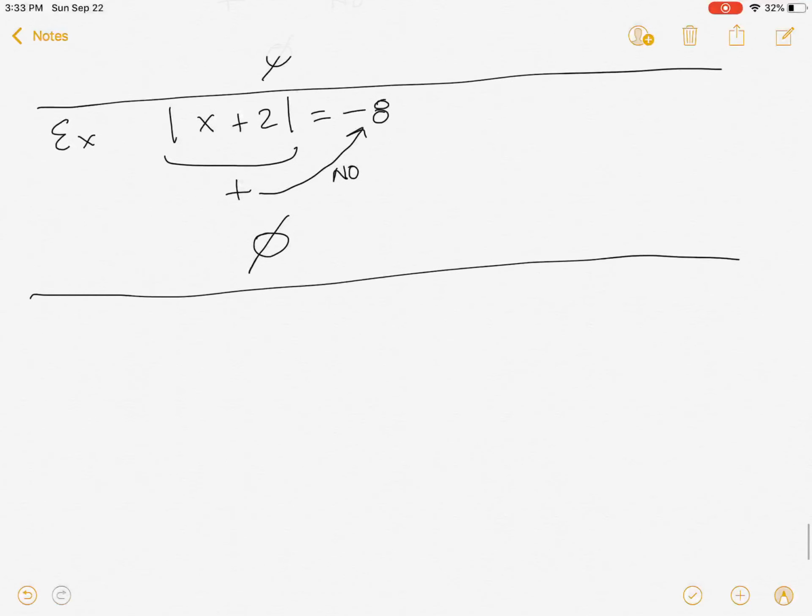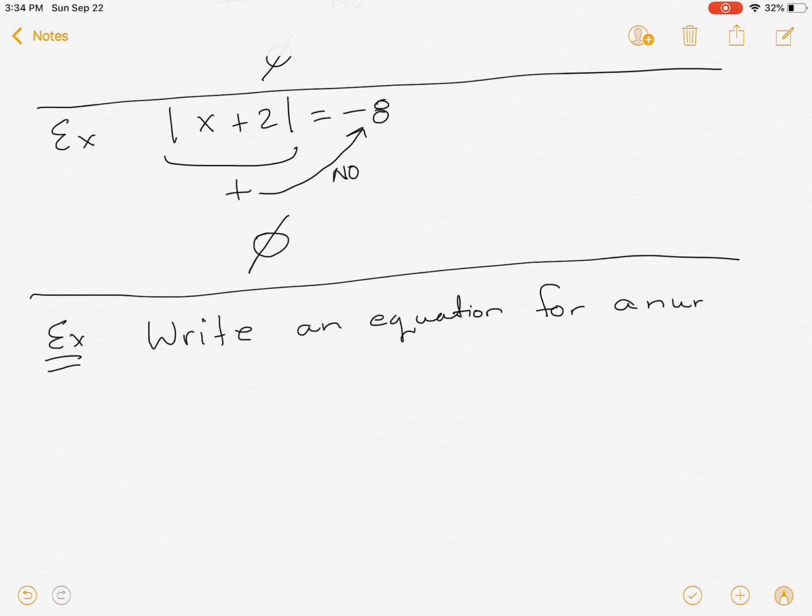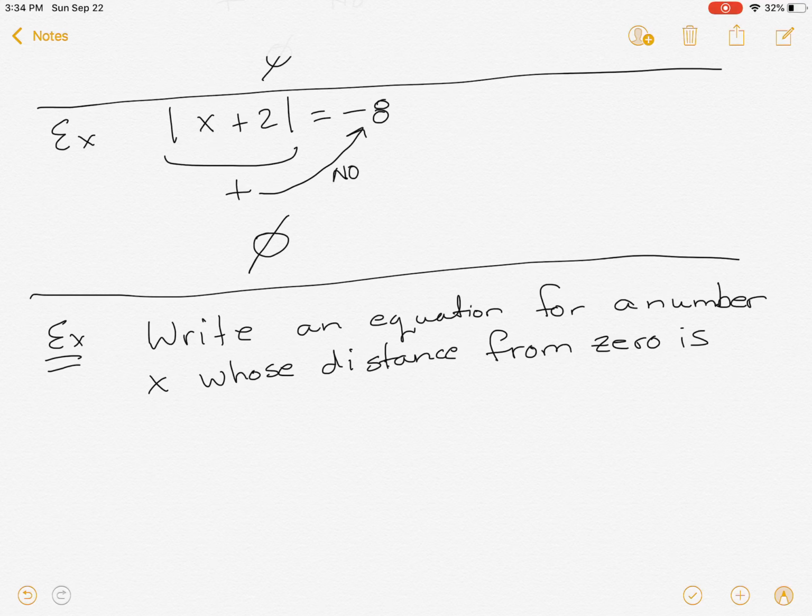An example of that would be something like this: write an equation for a number x whose distance from 0 is 8 or -8.